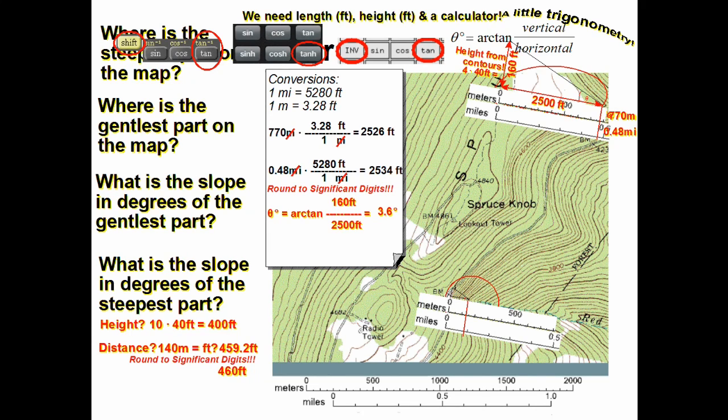All right then, what is my angle on the steepest part? Arctangent of the ratio of 400 foot elevation divided by 460 foot of distance, which gives me a steep angle of 41 degrees, almost 45 degrees, which is of course much steeper than the angle we have calculated in the gentle part.